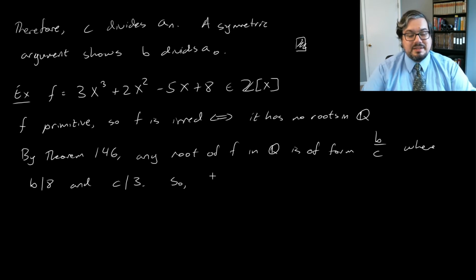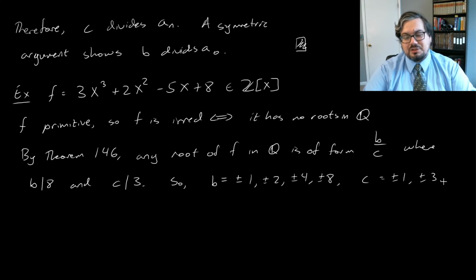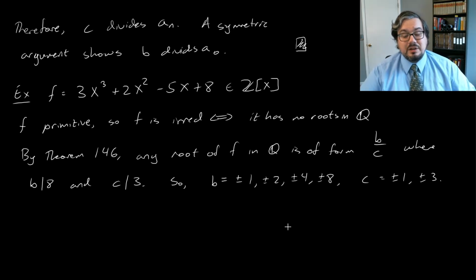So that means that b could be plus or minus 1, plus or minus 2, plus or minus 4, or plus or minus 8, and c could be plus or minus 1 or plus or minus 3. And so we can look at all of the different ways that we could combine them together. And we can check to see that no matter what value of b or c you take, that fraction is not a root of f.